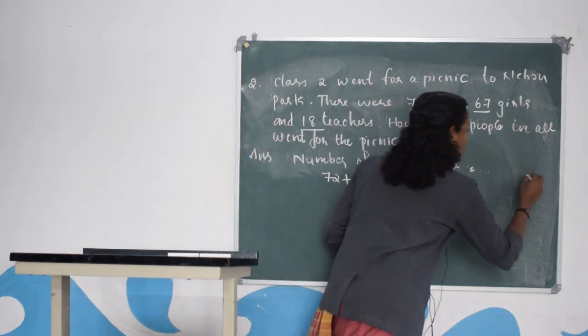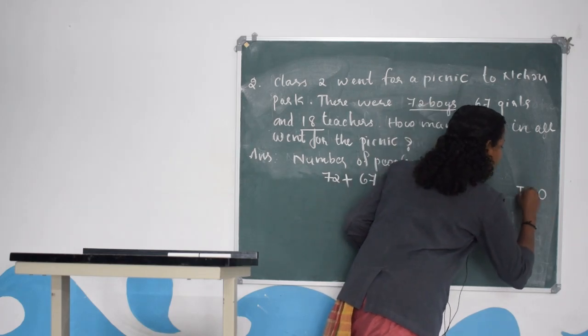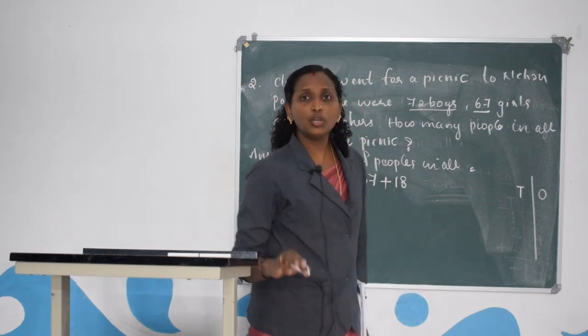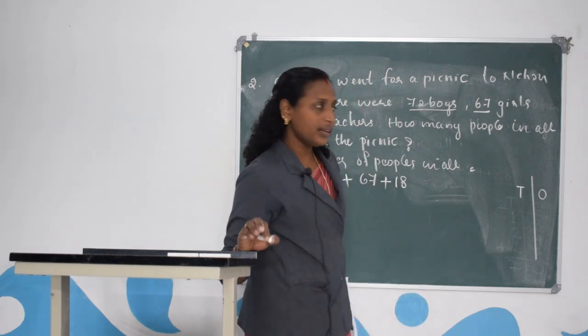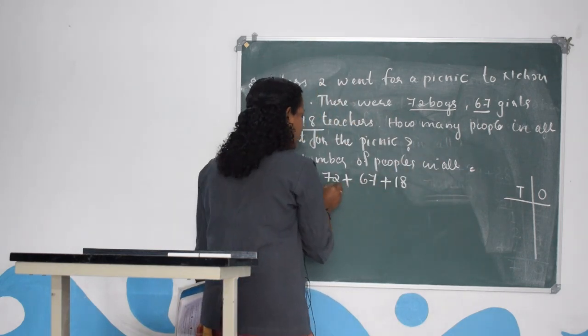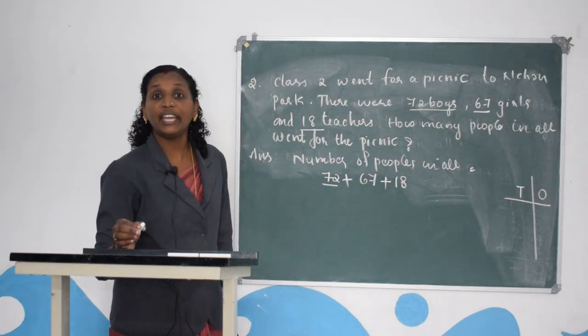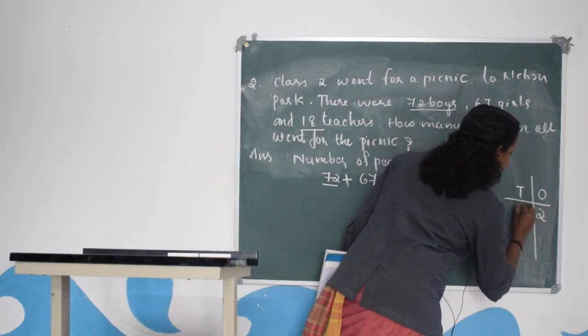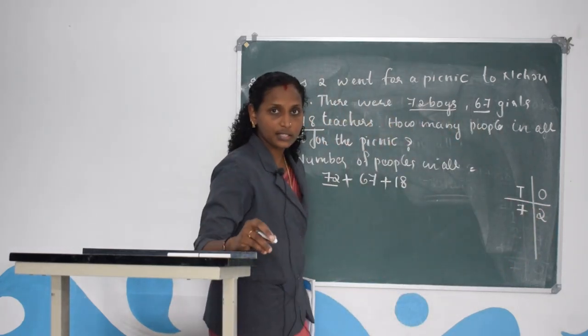That means first we have to arrange the numbers in places. So it has 2 places, ones and tens. Then look at the first number, 72. 2 in the ones place, 7 in the tens place.